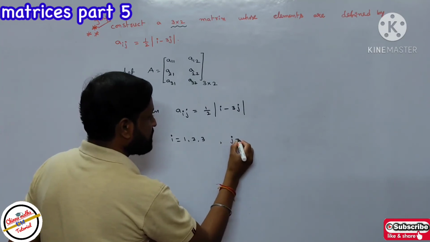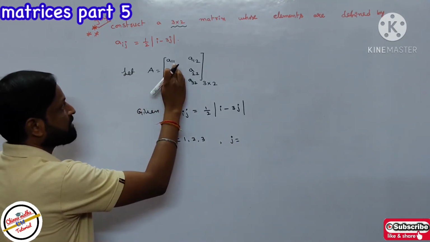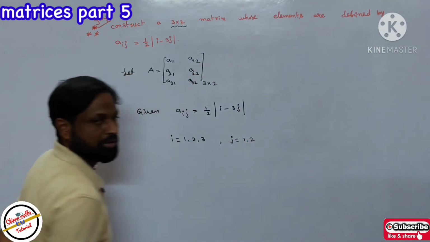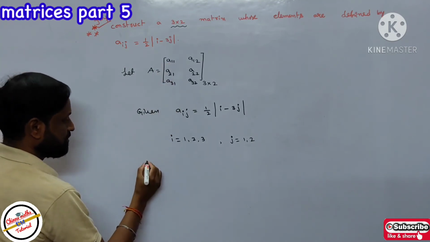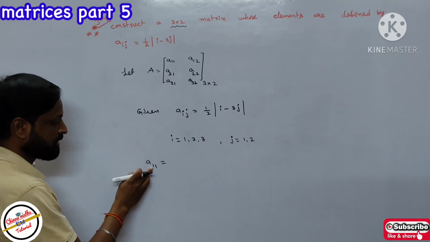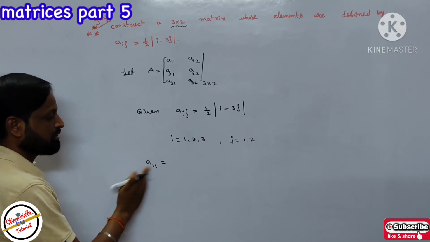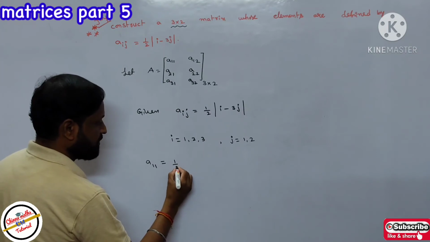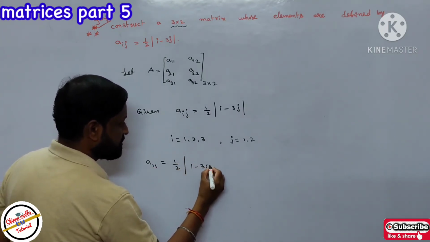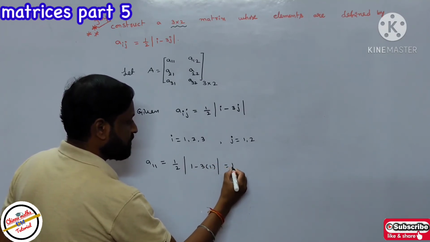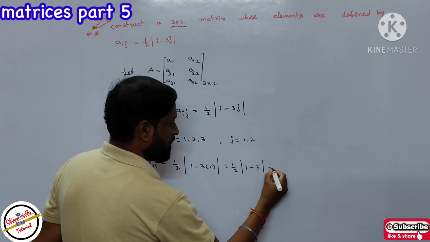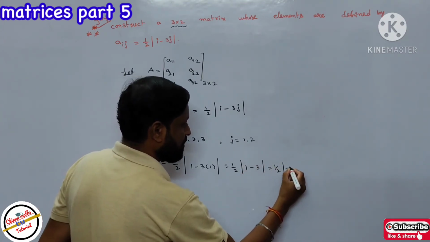Next, j means columns, so the j values are 1 and 2. Now find these elements. First a11: i equals 1, j equals 1. Substituting, 1 by 2 into modulus of 1 minus 3 into 1, which is 1 by 2 into modulus of 1 minus 3, which is 1 by 2 into mod of minus 2.